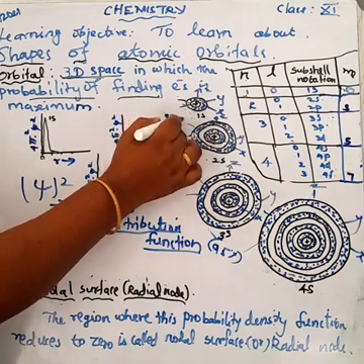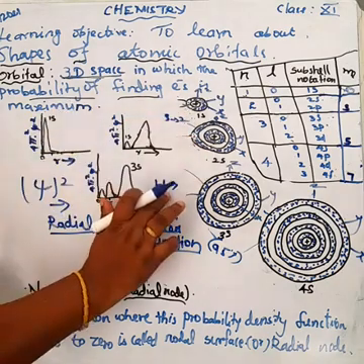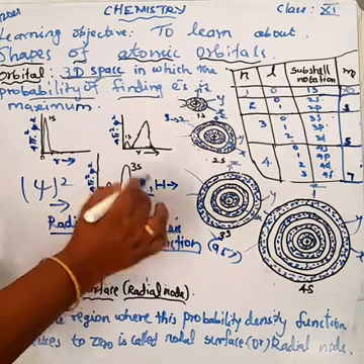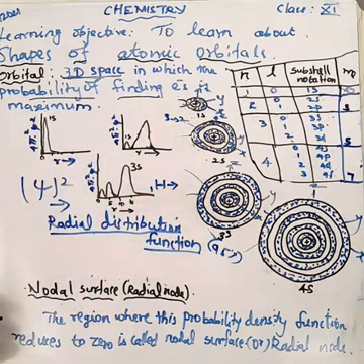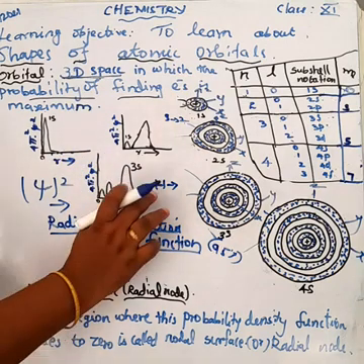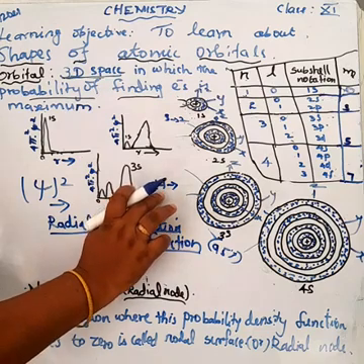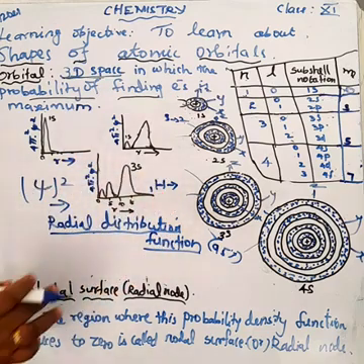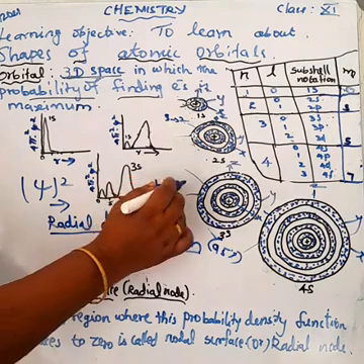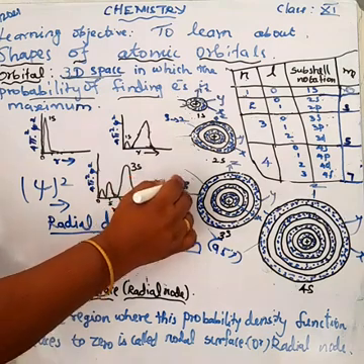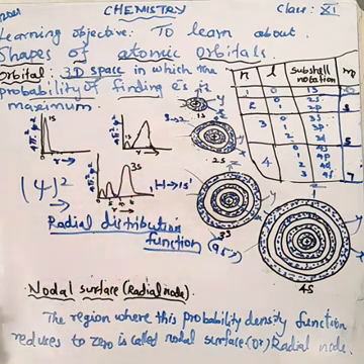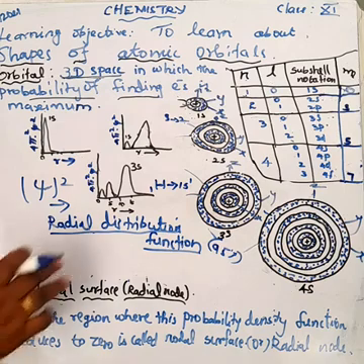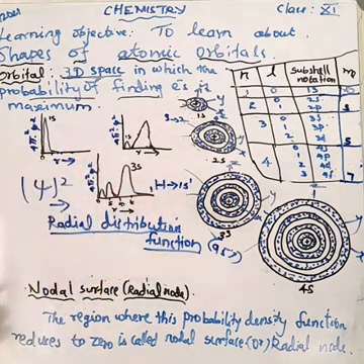But when considering the hydrogen atom, only 1 electron is there. The atomic number of hydrogen is 1. So what is the electronic configuration for hydrogen? 1s1. Only 1 electron is there for the hydrogen atom.